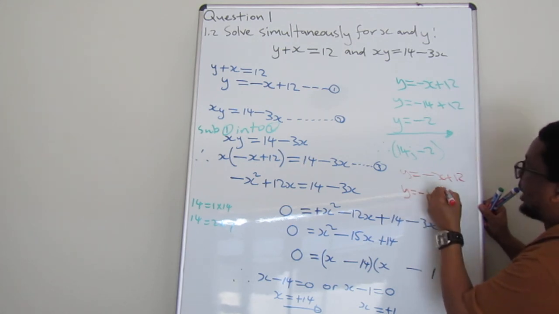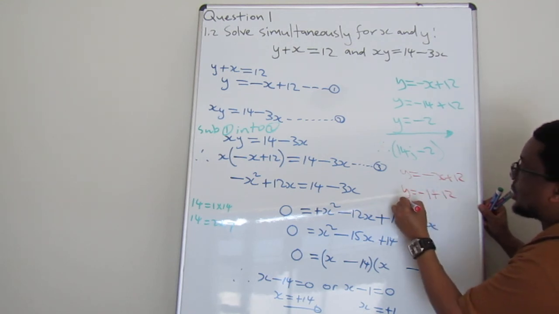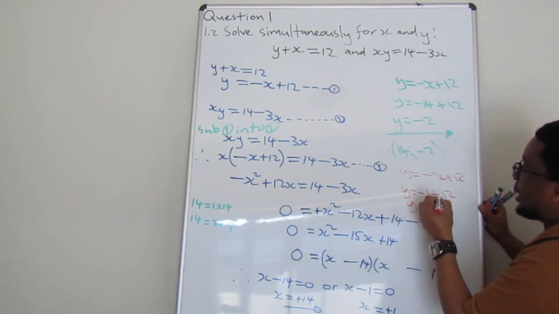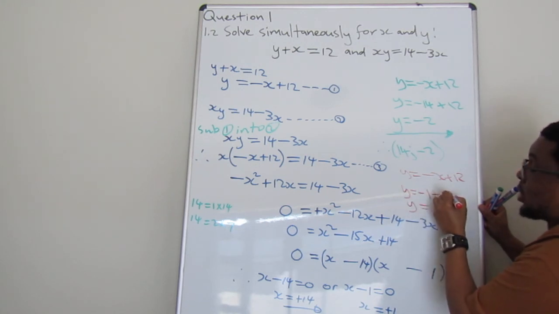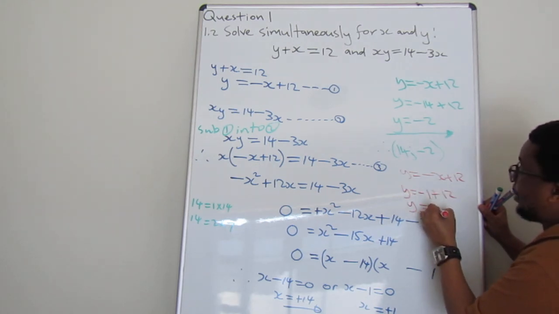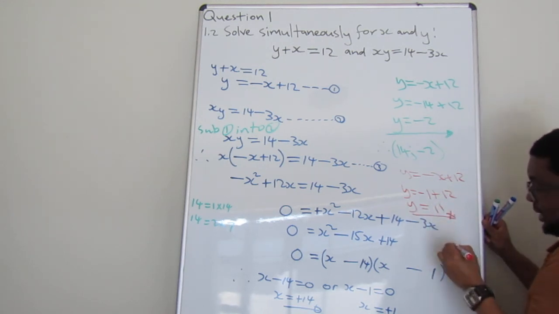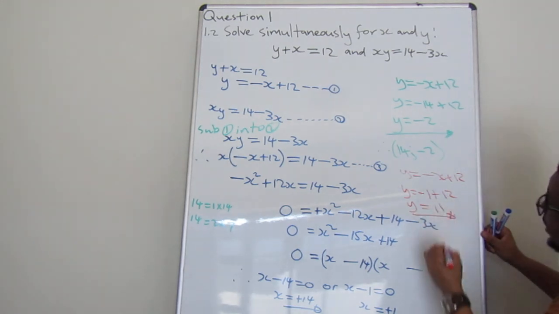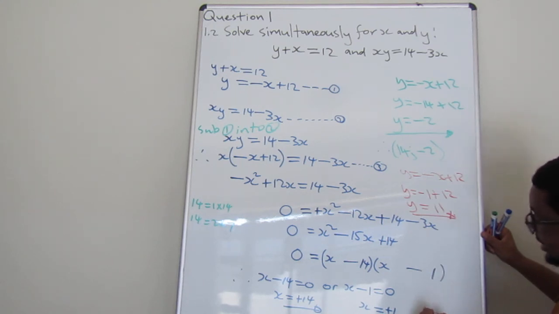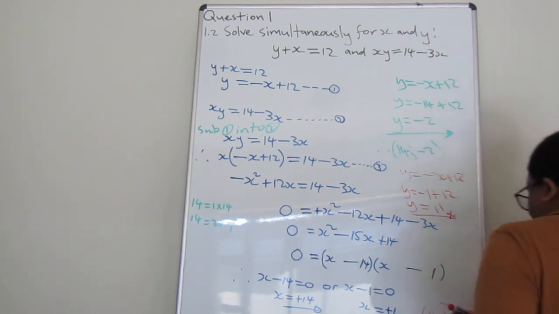Then we get negative 1 plus 12, which is y equals minus 1 plus 12. This gives me a positive 11. Therefore, whenever x is positive 1, then y is 11.